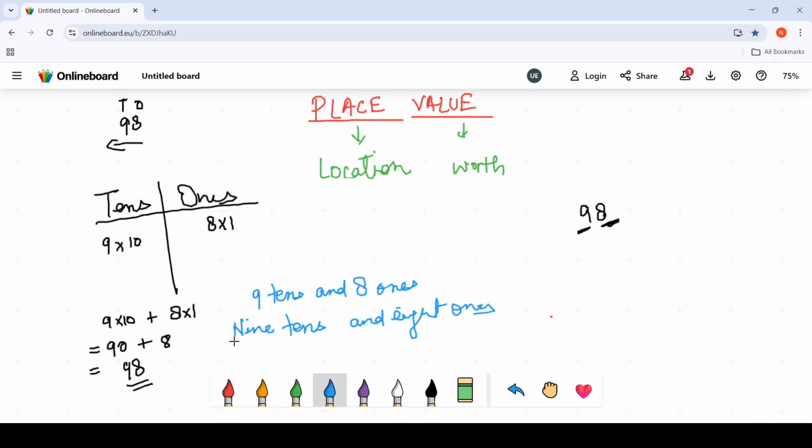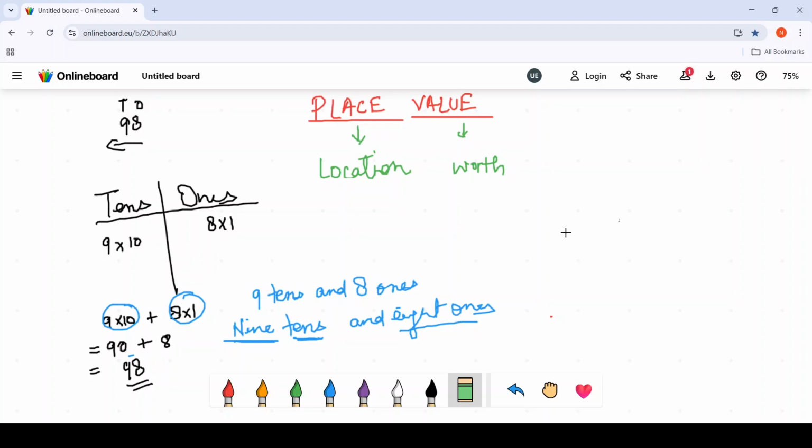So the digit at tens place, you multiply by 10, and the digit at ones place, you multiply by 1 and then you add them. All right, I hope it's clear.